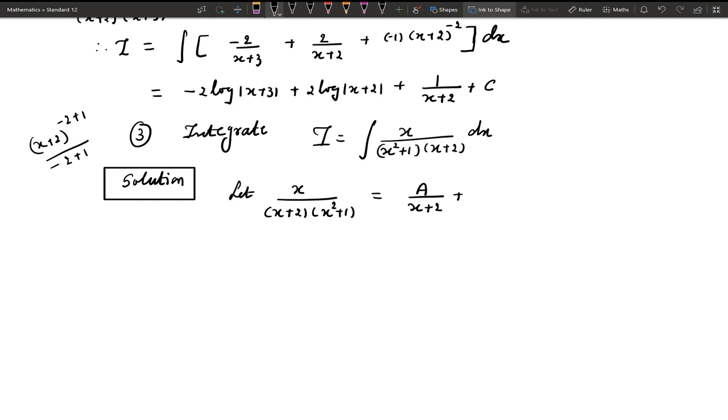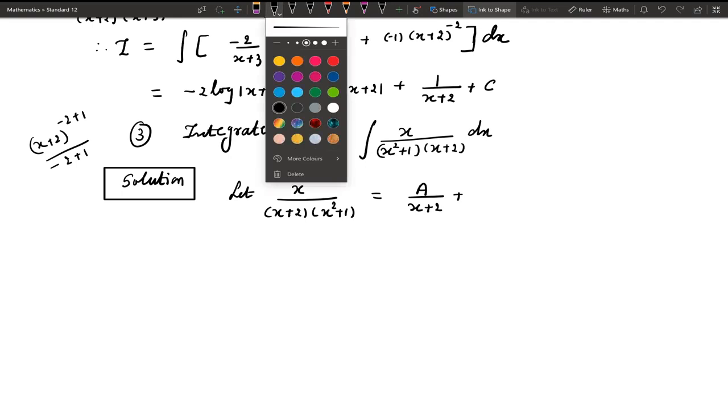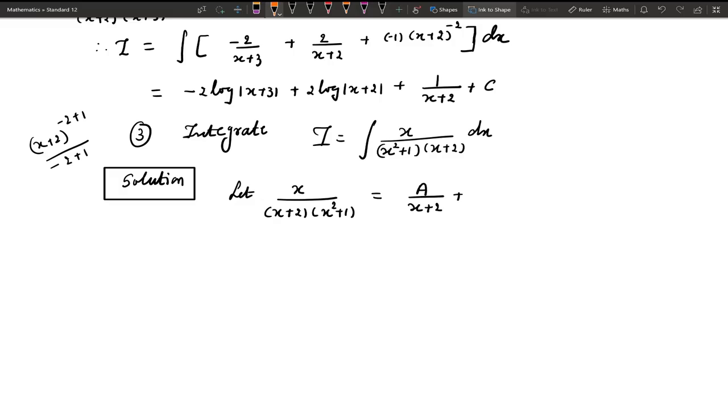Now you have to take care, because in the denominator we have x square plus 1, which is quadratic and irreducible. So for that we will write an expression of the form bx plus c. Now let us solve for unknowns a, b and c.